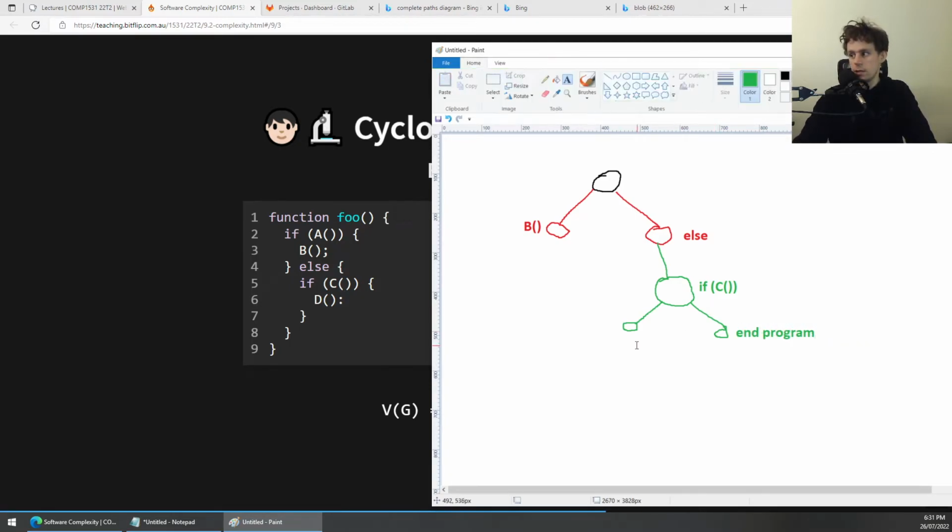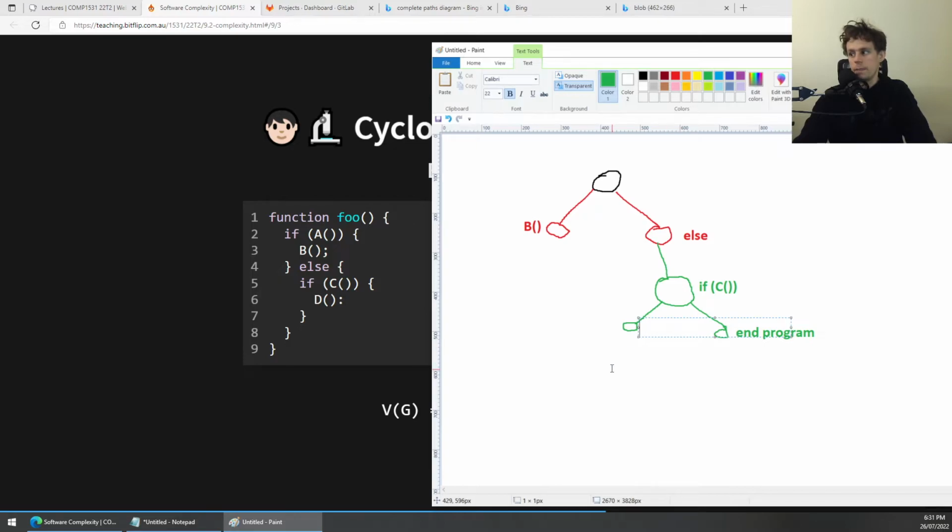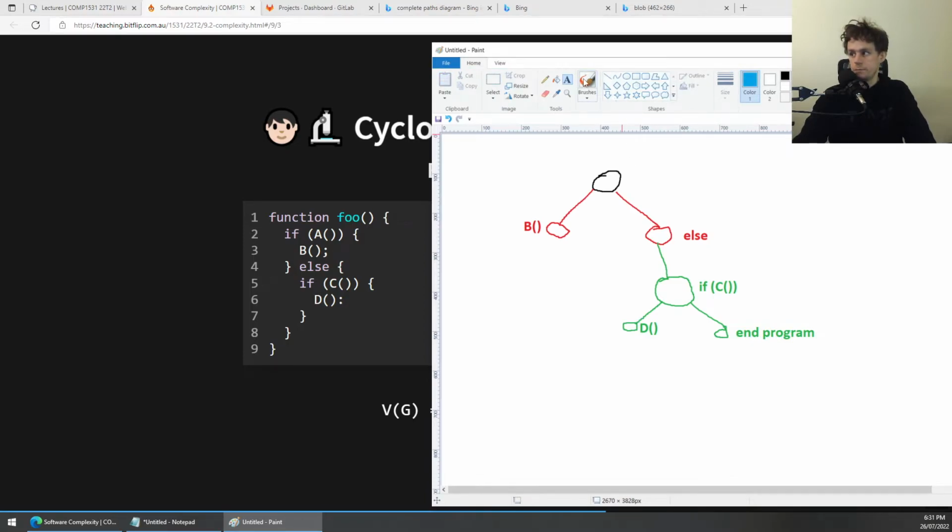And if I do go inside the if statement, I call D. But maybe to make our lives easier, let's say that the end of the program is down here, like this, so that if I do C, I kind of end the program, and if I do D, then I end the program. And if I do B, once B's done, I also end the program.